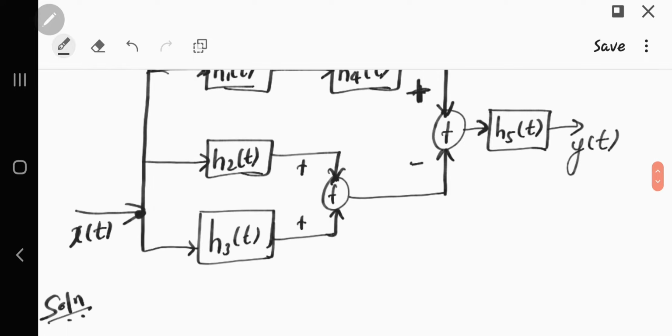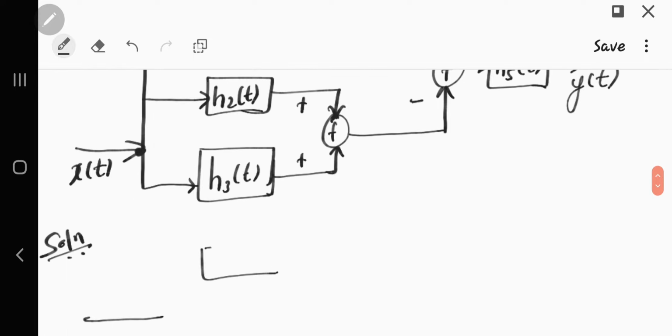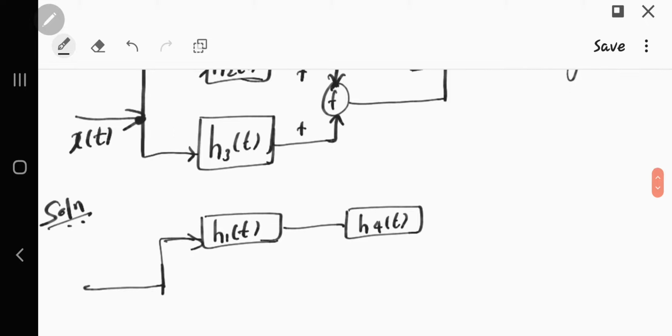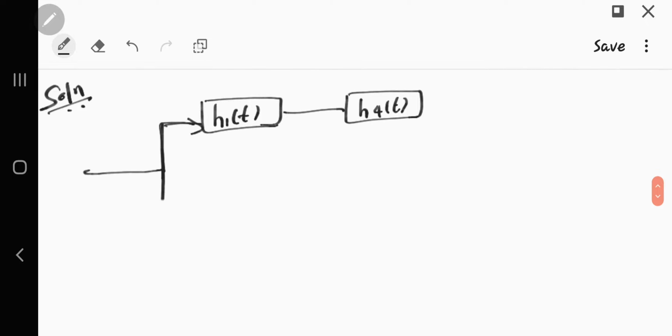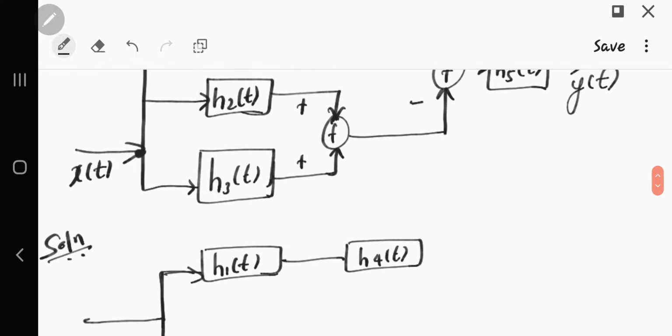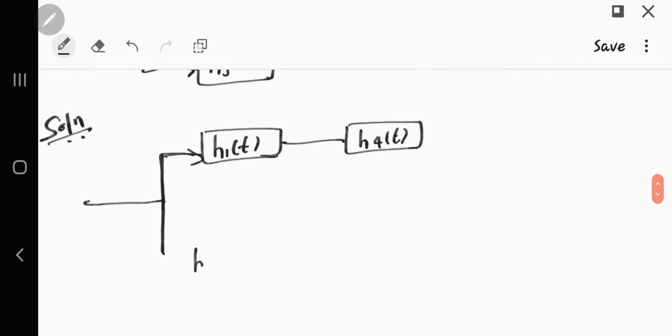I am minimizing this. So this is my h1 of t, which is connected to h4 of t, and the system input here is x of t. Now these two are in parallel, which means it will be the sum of these impulse responses, h2 of t plus h3 of t.